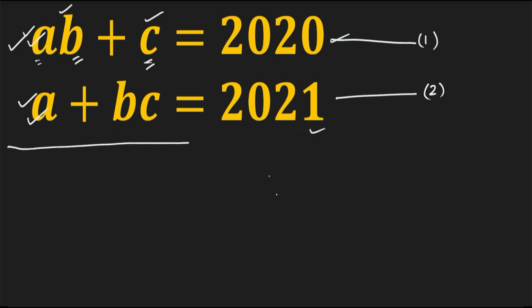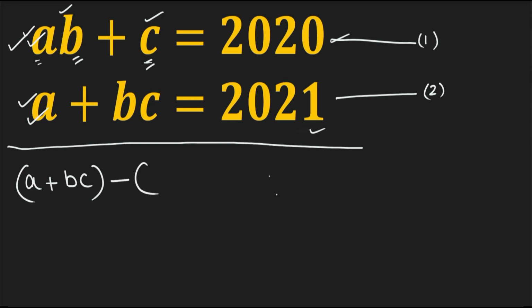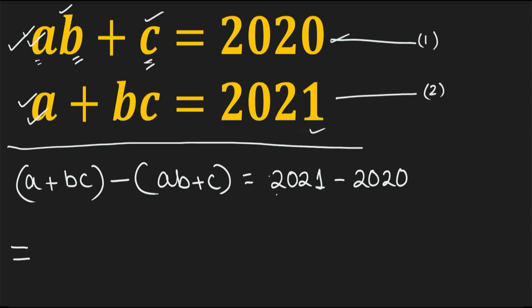Now we can write this as A plus BC minus AB plus C is equal to 2021 minus 2020. So let us write this as A plus BC minus AB minus C is equal to 2021 minus 2020, that is 1.